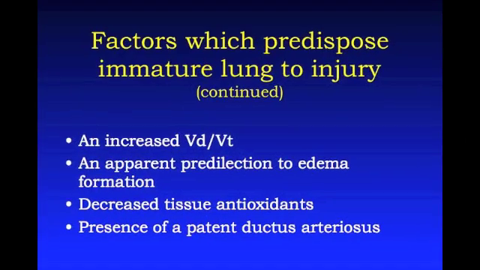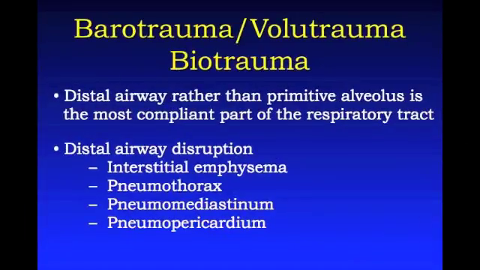They have what's called an increased dead space to tidal volume ratio, and what that means in English is that when you deliver a volume to the neonate who has poor compliance in their saccules or alveoli, their airways distend dramatically, which is very different from the child and the adult who have fairly rigid airways that don't distend very much. Most adults, the dead space to tidal volume ratio in a sick lung is somewhere around 20%. In the neonate, it can be as high as 40 to 45%.